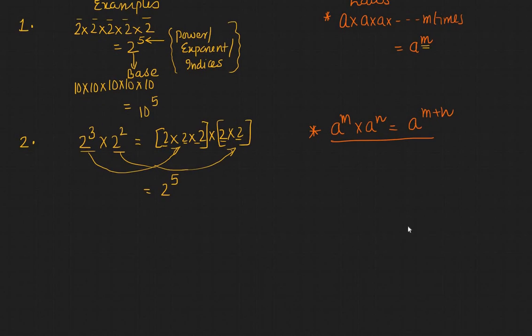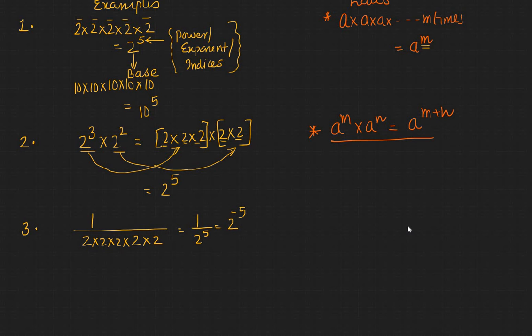Now the third one is more like a definition, it's not a law. If I need to write 1 divided by 2 into 2 into 2, 5 times, I write it as 1 by 2 power 5, and I can write that as 2 power minus 5. So here the power is minus 5.